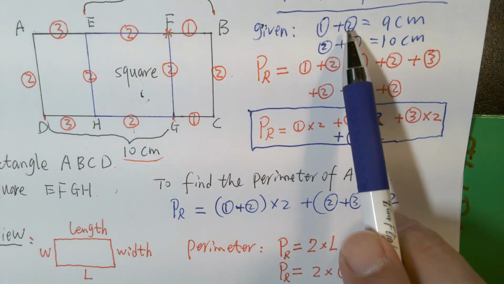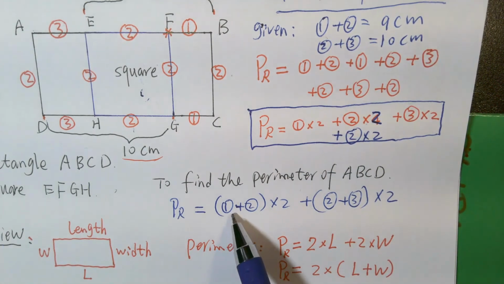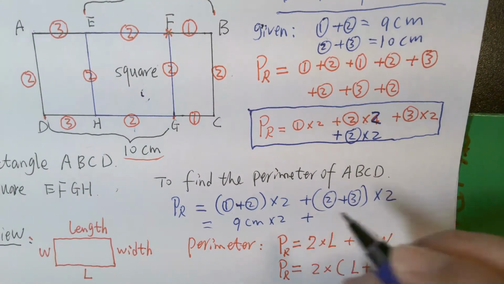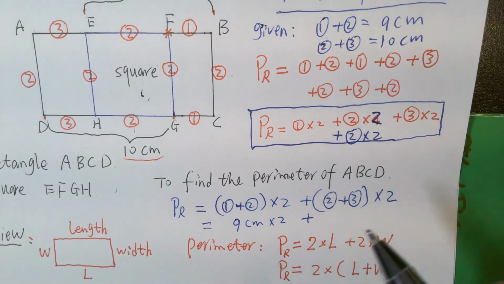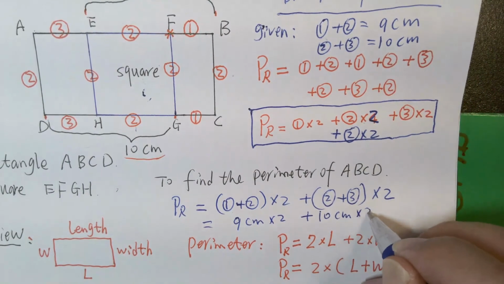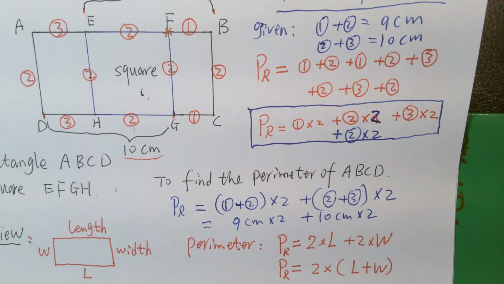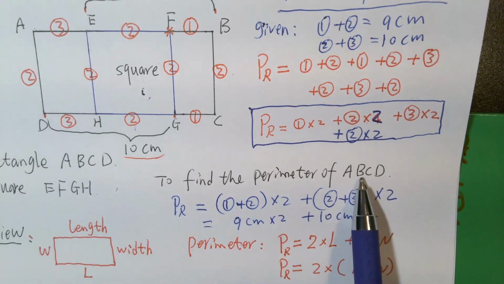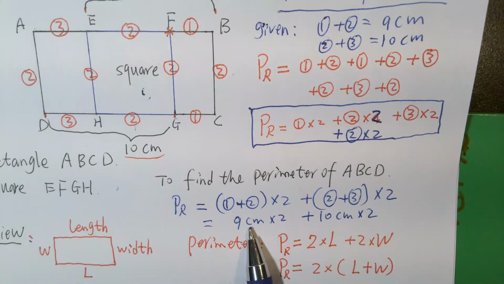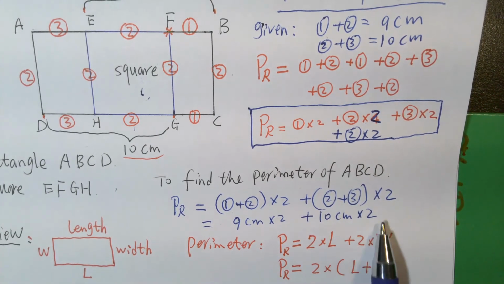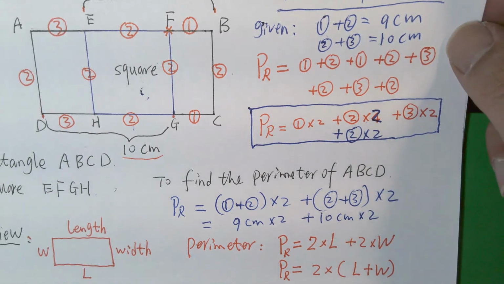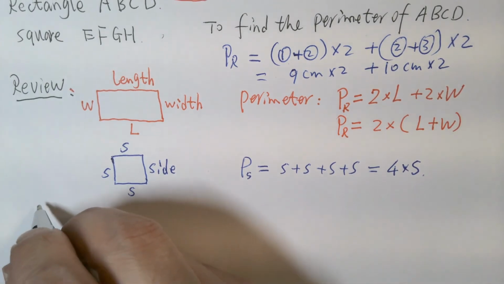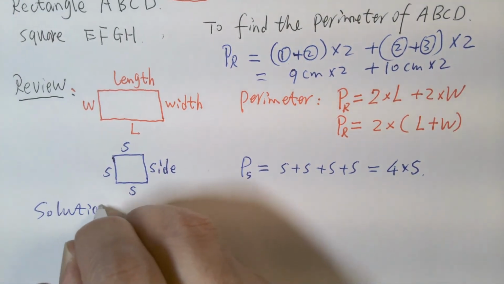Now, it becomes clearer after this combination. 1 unit plus 2 unit is 9 centimeter. So you have 9 centimeter times 2 plus 2 unit plus 3 unit is 10 centimeter, times 2, right? So now it becomes quite straightforward. The perimeter of ABCD becomes 9 centimeter times 2 plus 10 centimeter times 2. Now you can do the calculation. I'm going to write it as the final solution here.